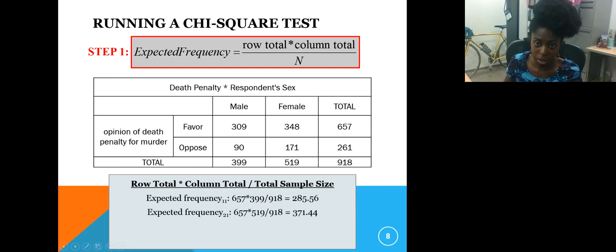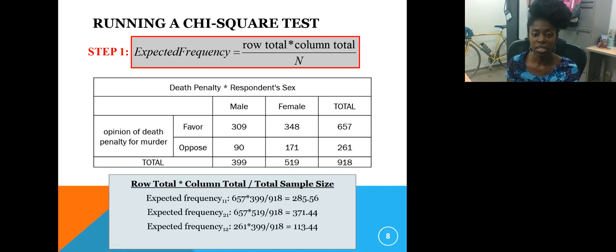It's different from the male, right? Divided by 918. So we're going to round that to 371. We don't believe in fractions of people, right? And so we're just going to round down because 0.44 takes us down. All right, so let's continue.